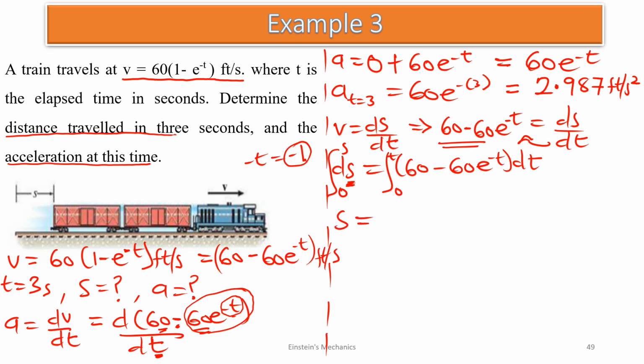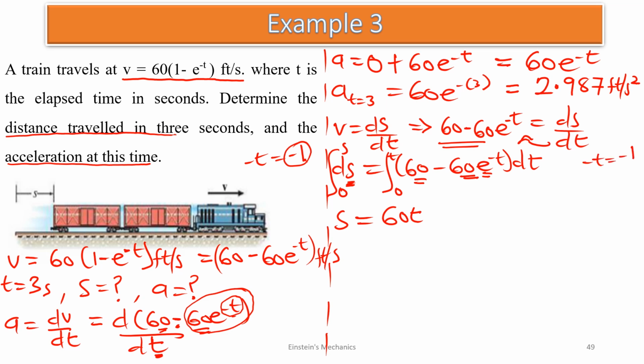And since it is calculus, I'm going to do it very fast. If we integrate this constant 60, we are going to get 60 with the t attached to it. And if we integrate this part, the e function behaves like it does in differentiation. We differentiate the top, which is negative t, to give us negative 1.